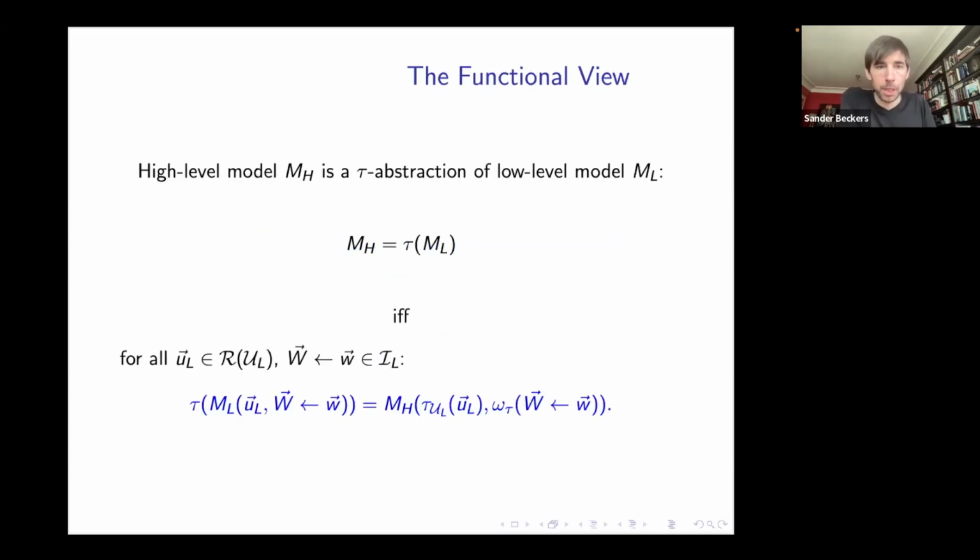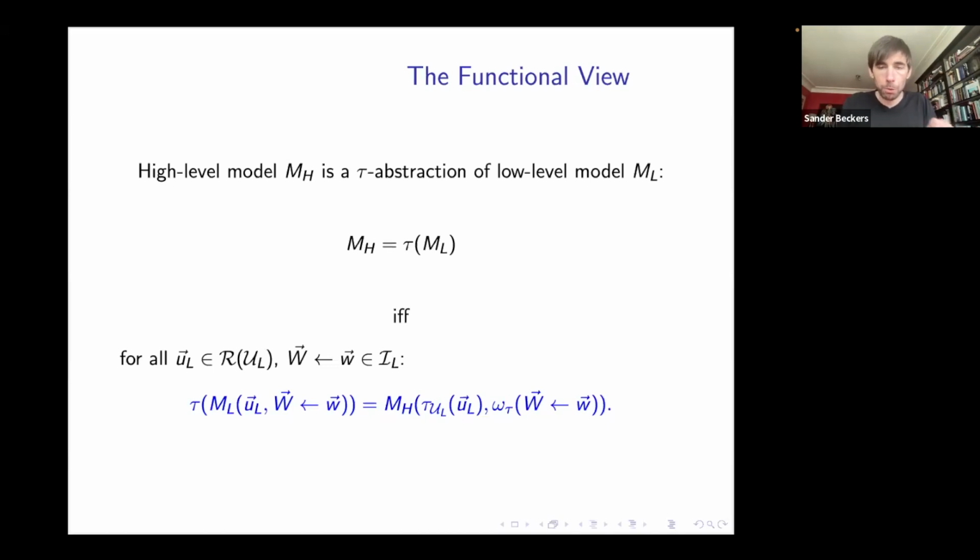And if you've done that, then you can express what it means that a high-level model is a tau abstraction of a low-level model. Namely, there's a universal quantifier over all the possible low-level contexts and all the allowed low-level interventions, such that if you fill in those values into the low-level function, that gives you a solution for the low-level endogenous variables. You then apply tau to that solution, and you arrive at a certain high-level point.